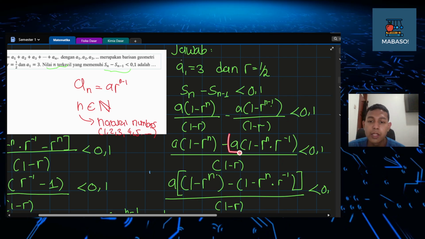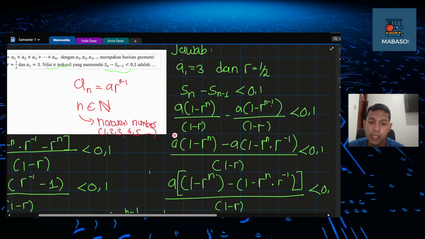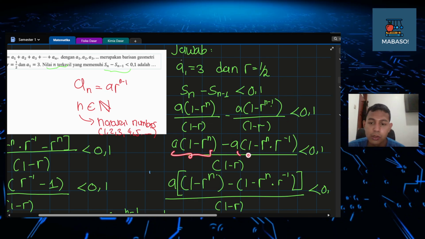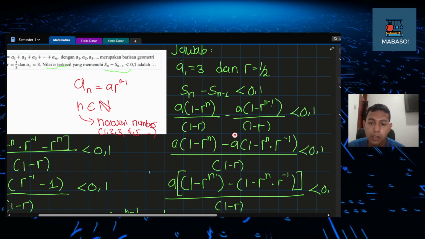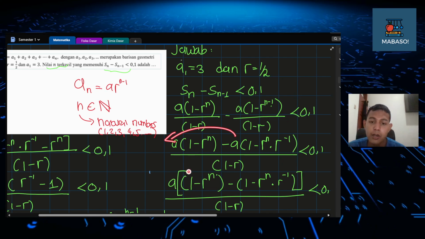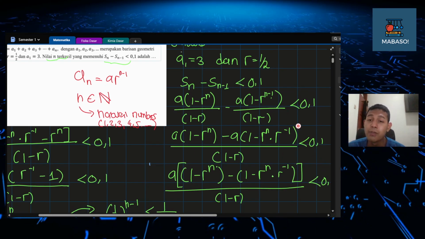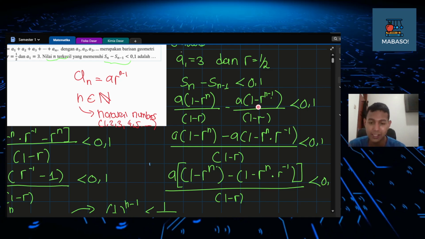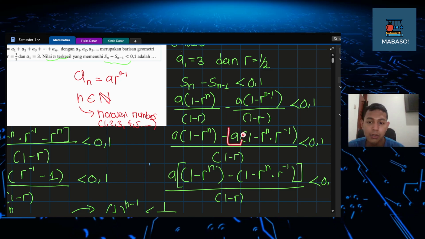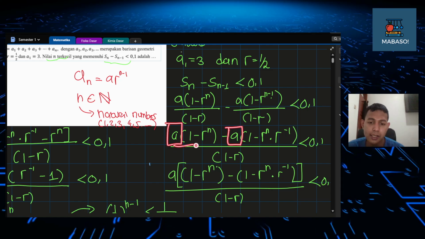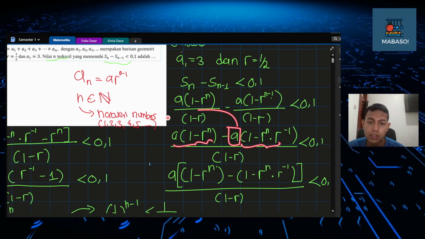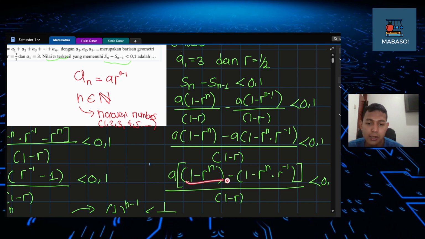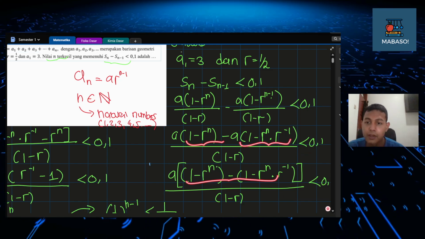And we can apply the distribution property, because a exists in these two terms, so we can move the a out to the front. Using the distribution property, because a exists in these two terms, we can move it out. So it is a times the remaining terms.